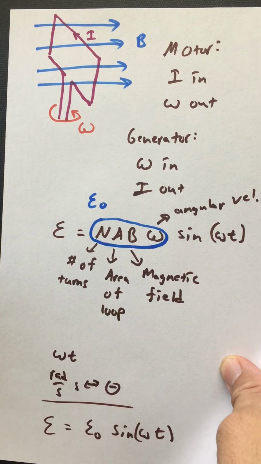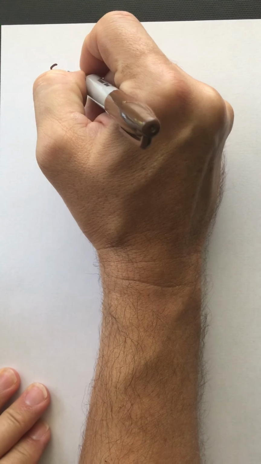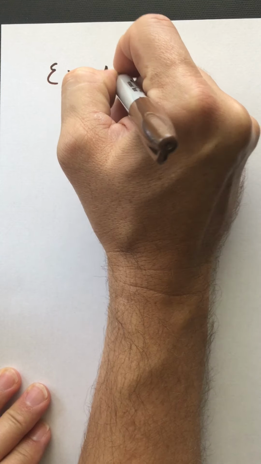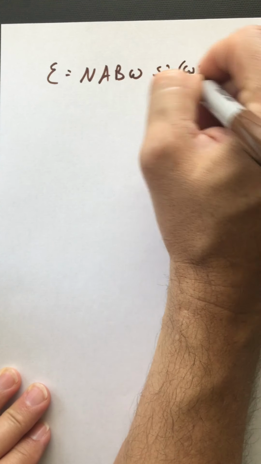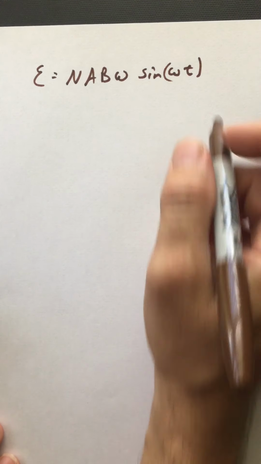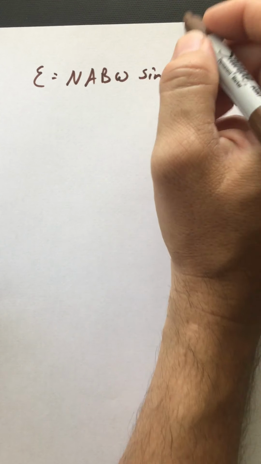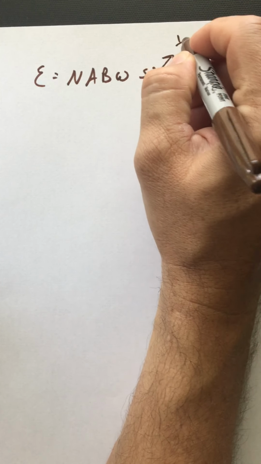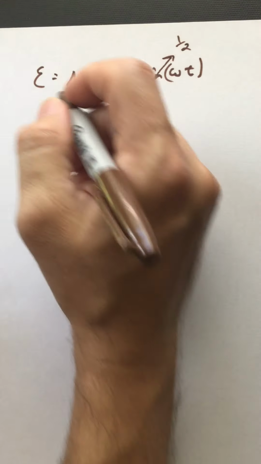Let me show you the average EMF. If I take the equation we just had, and I average this over one period, well, if you remember from trigonometry, the average of a sine function over one period just gives you 1/2. On the average, I'm going to get 1/2 out of this.